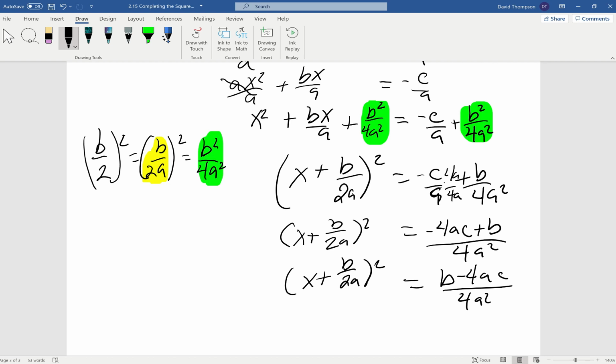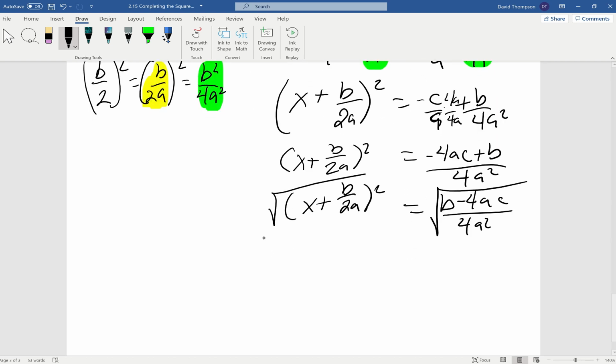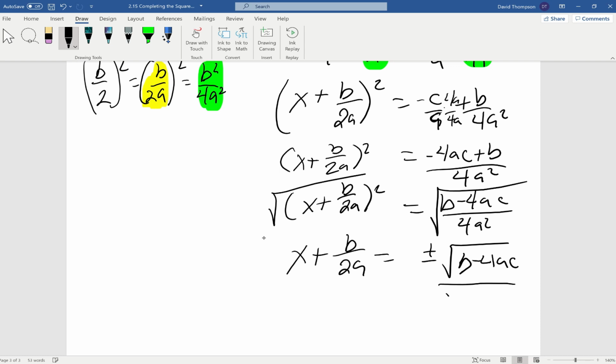Now we can take a square root of both sides. So we have x plus b over 2a equals plus or minus square root b squared minus 4ac. We can split by the division rule. We can split this into 2 square roots. Square root of 4a squared. So now we can simplify the bottom.